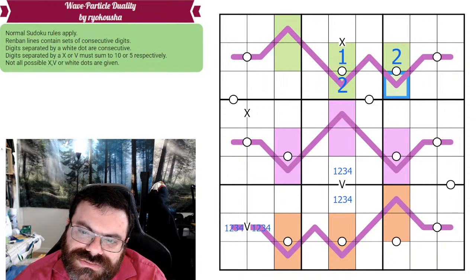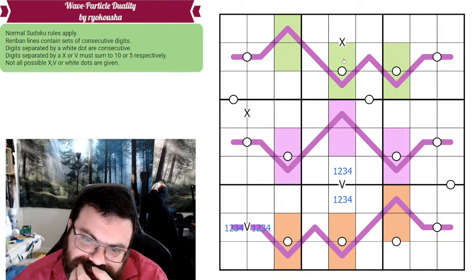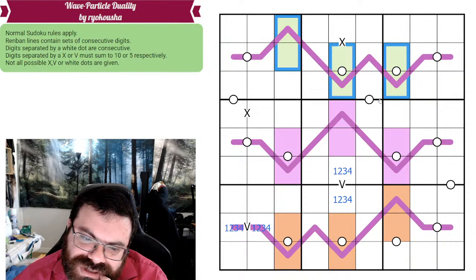So this would have to now be a 3. And then this would be the 3. And this would be the 1. Making it 1, 2, 3. So the green digits are all consecutive, the purple digits are all consecutive, the orange digits are all consecutive.